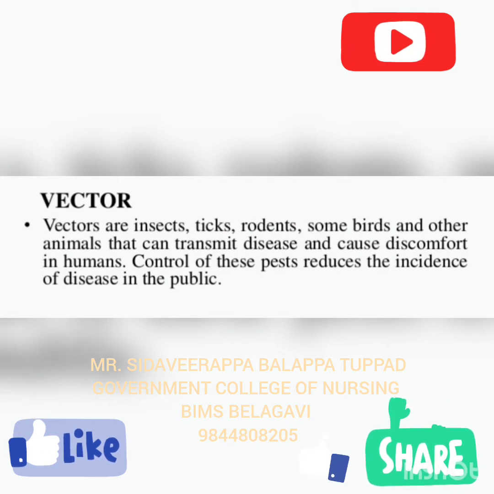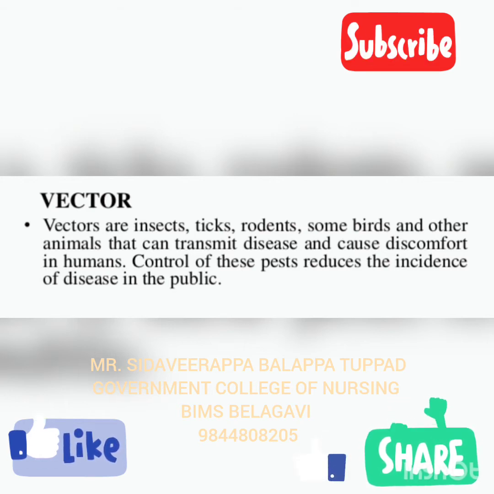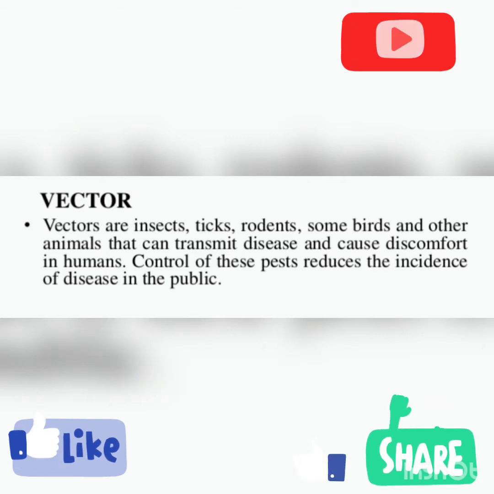So the pathogenic organisms will be there in one host. By biting the person who is suffering from malaria, the mosquito will suck the blood from the malaria patient, and the malarial parasites, Plasmodium vivax, will be sucked by the mosquito.